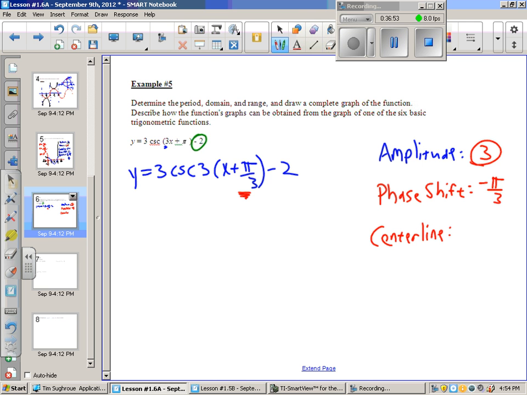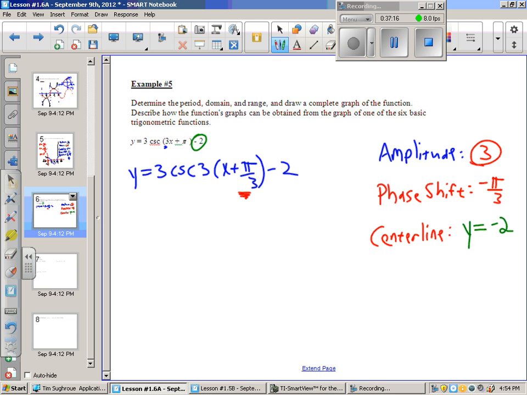Sometimes they'll put it at the beginning, like -2 plus 3 cosecant and so on. But the key is it has to be a constant, a term by itself. And we always have to say y equals that number. If you don't say y equals, it will always be marked wrong on a test. It is a line, so we list it as y equals -2.